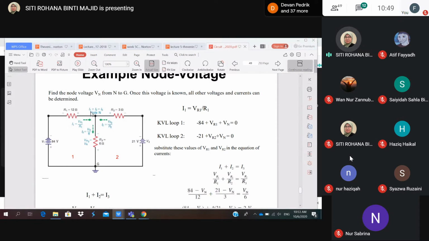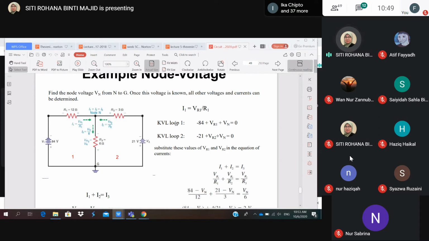For this node, we want to know the node voltage with respect to the ground, and then you will calculate this simple question about I using Ohm's law, which is I1 equals V_R1 over R1.